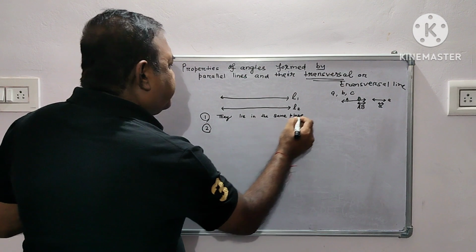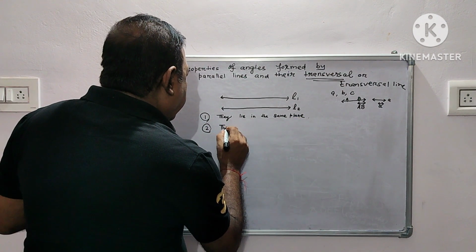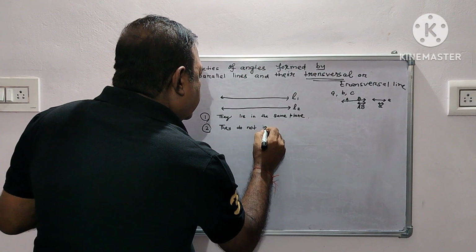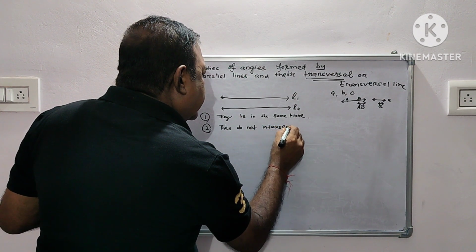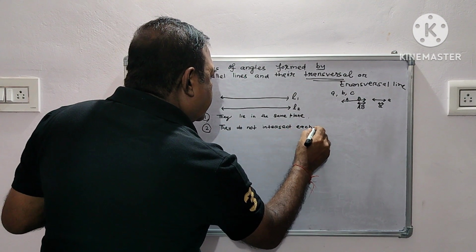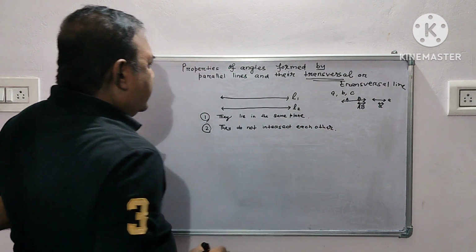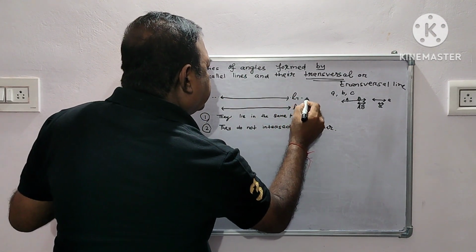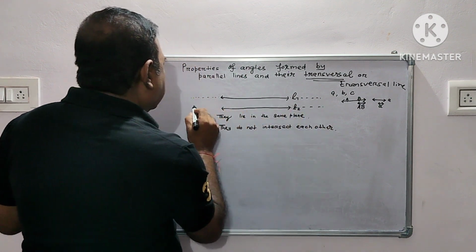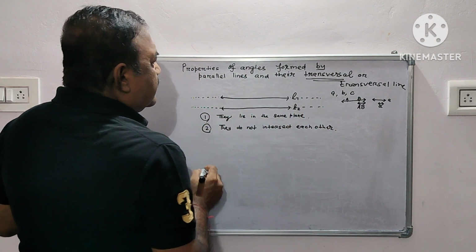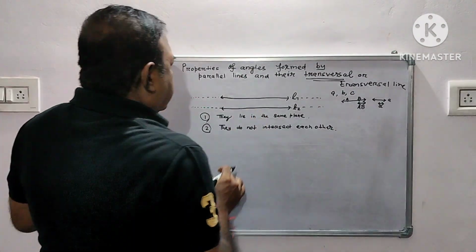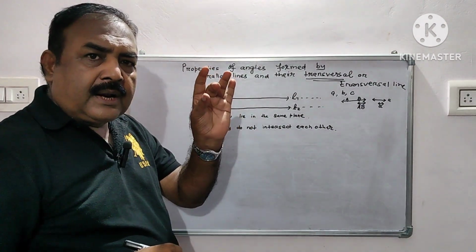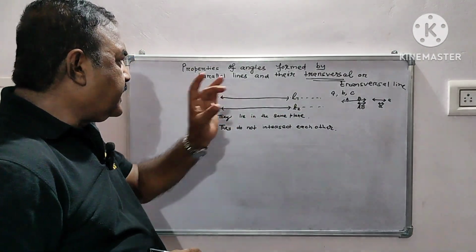Next point, they do not intersect each other, because these are extended in both the directions. It is not straight, just you feel like that. That means the distance between the two parallel lines never changes, that is constant.